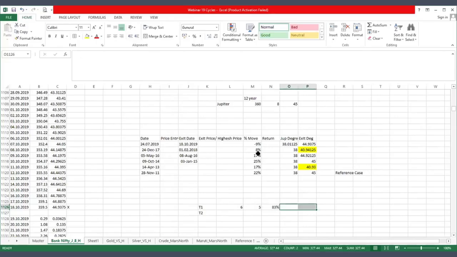Now, what is the minimum amongst all this? This is the failure, we are not counting it as minimum. We are counting the minimum amongst all these, which is 8%. So our target 1 becomes 8%.